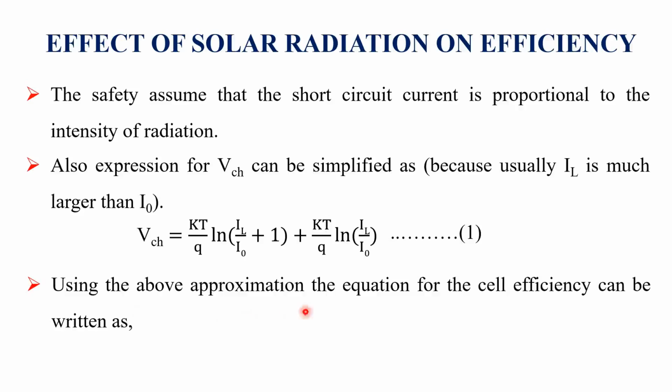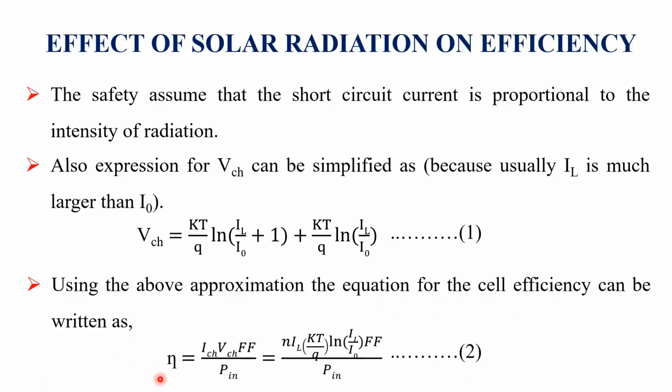Using the above approximation, the equation for the cell efficiency can be written. Eta is equal to ISC VOC FF, fill factor, upon Pin, which is equal to IL (kT upon q ln IL upon I0) fill factor upon Pin.